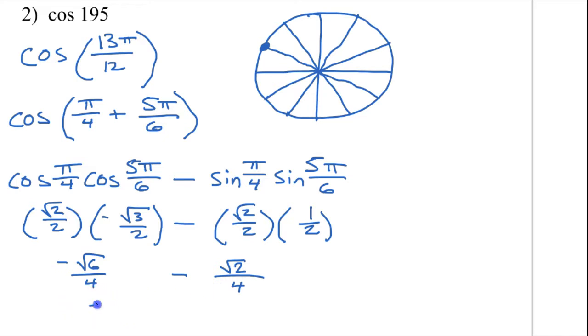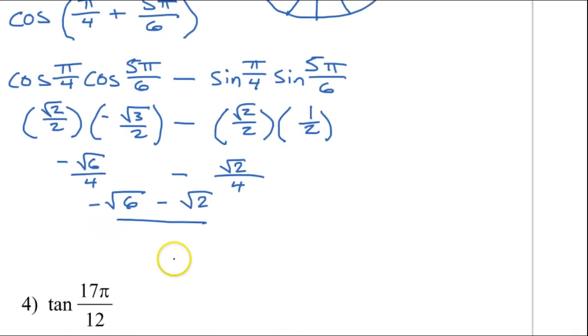So this is going to be negative radical 6 minus radical 2 all over 4. You know, let me just bite the bullet and scroll. So this is the final answer.